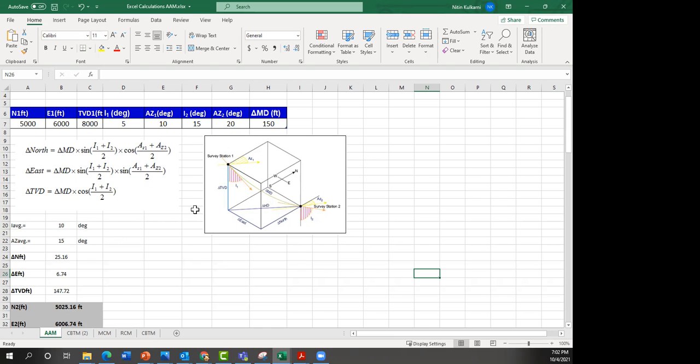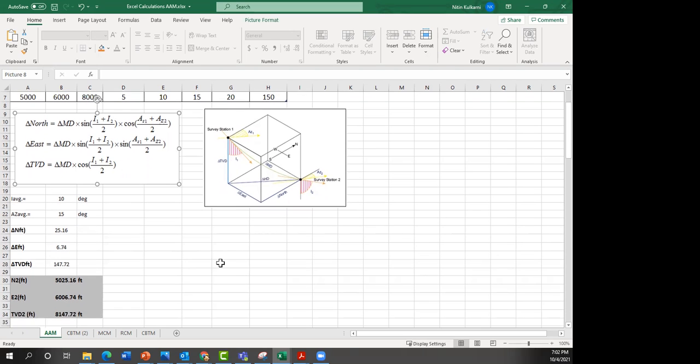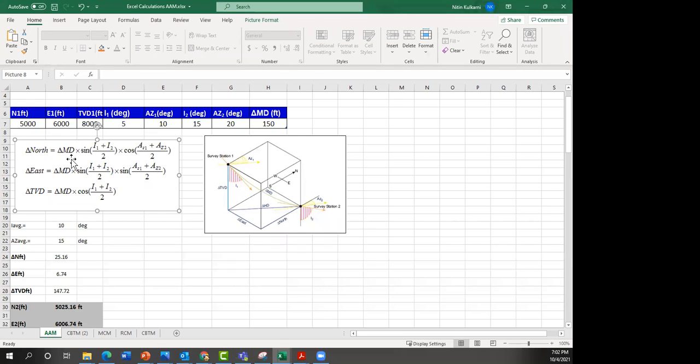Now we need to calculate the new coordinates and your TVD. So these are the mathematical equations for north, east, and vertical. You have your average inclination and average azimuth that we have calculated here from these simple mathematical equations. And then you substitute them in this equation, multiply them with delta measured depth, which is 150.